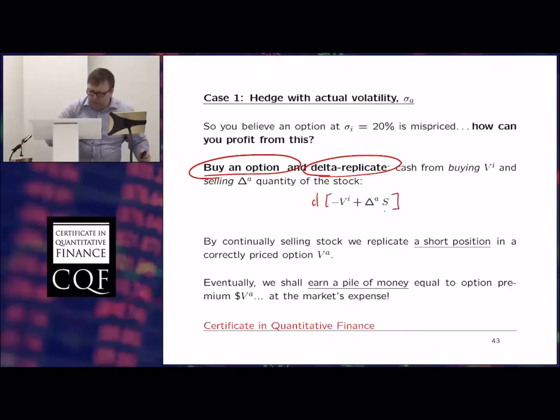I will see how it behaves over t to t plus delta t, so I'm interested in the increment of this position. Notice that this is the cash, and the option leg is exactly the opposite, the hedge position, or in this case, the replicated position.